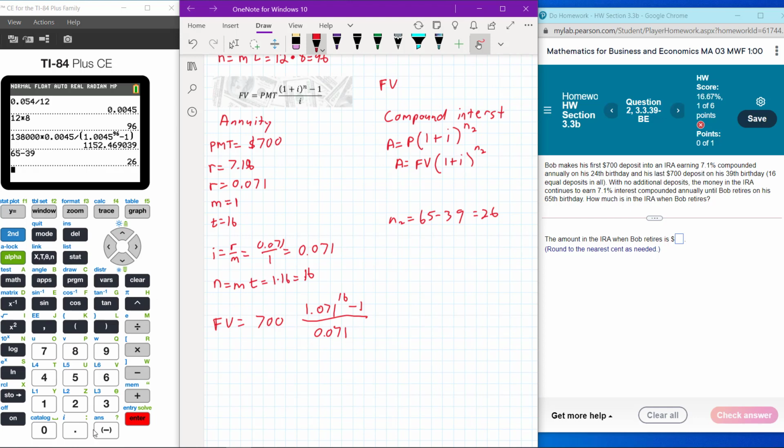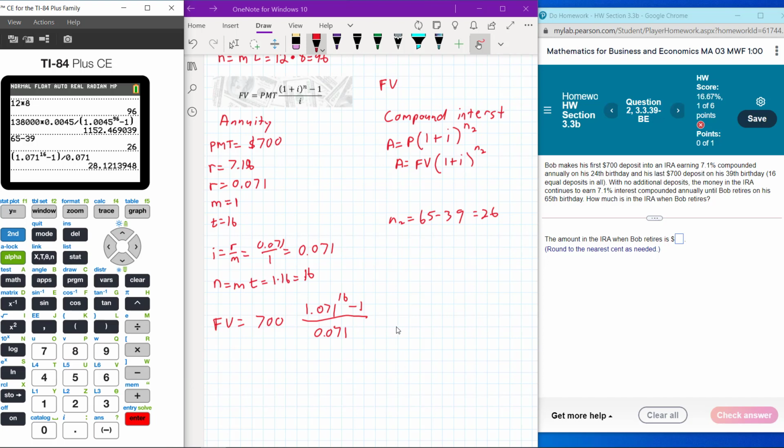And in our calculator, we will have parenthesis 1.071 exponent 16, get out of the exponent, minus 1, close the parenthesis, divided by 0.071. Okay, hit enter. And that is the value of that particular fraction. We want to multiply that by 700.